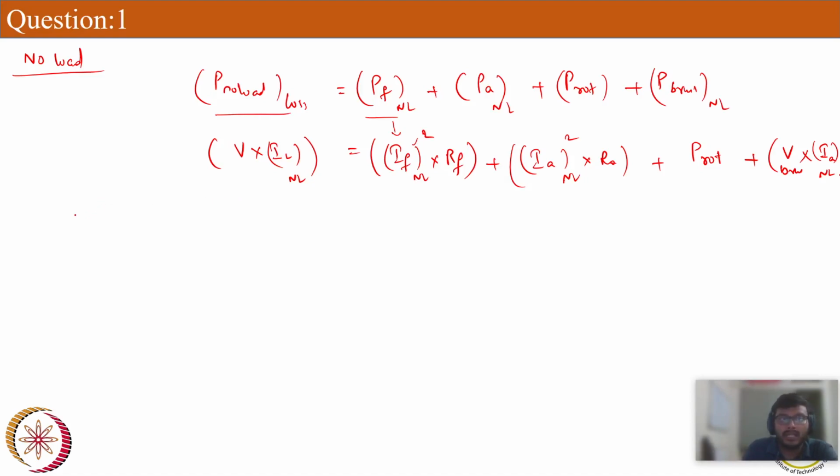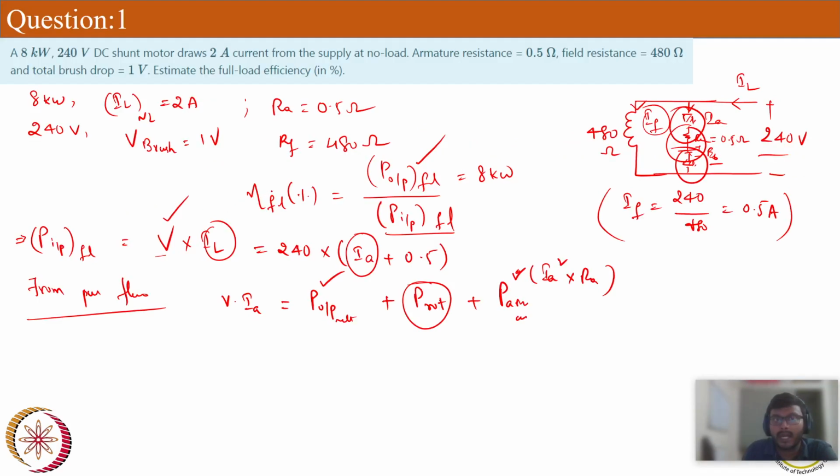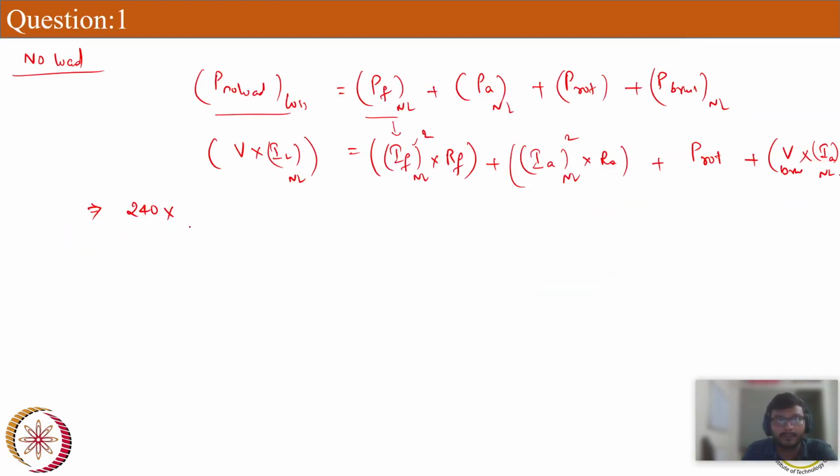Now it's just a simple substitution. Voltage is 240, multiplied by total supply current at no load, which is 2 amps, equals, what is the field current? It's 0.5. 0.5 square multiplied by RF, RF is 480.